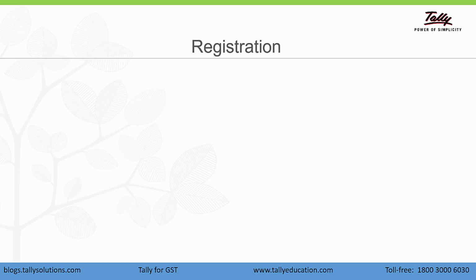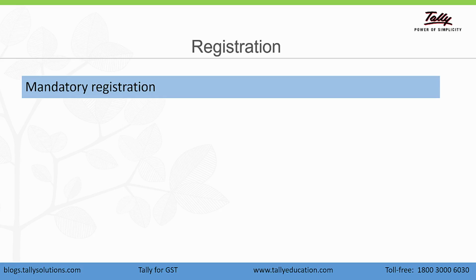First, we'll cover the registration aspects in case of these persons. Casual and non-resident taxable persons have to mandatorily register under GST. Hence, irrespective of their turnover, they have to register.